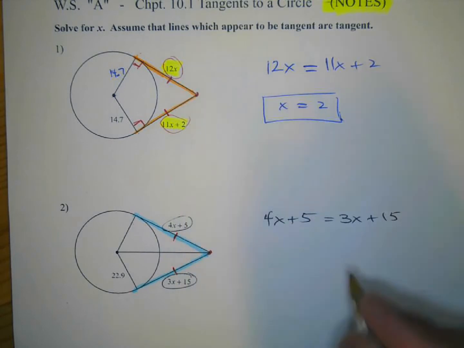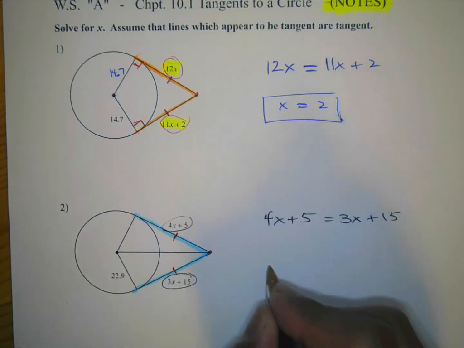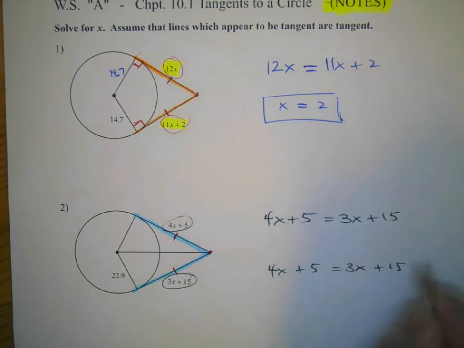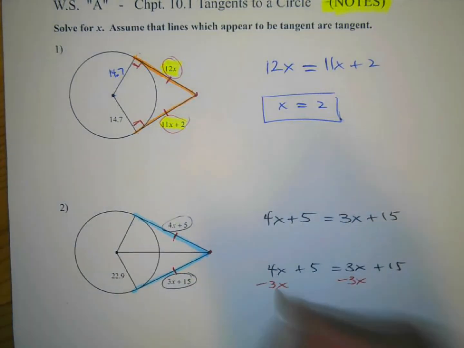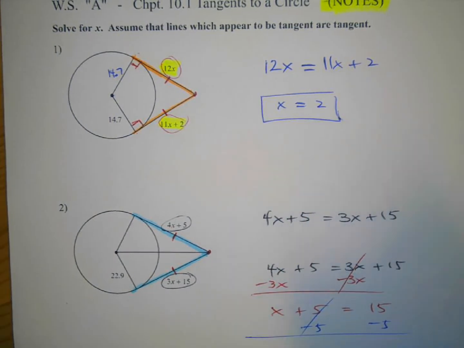So that's going to be 4x plus 5 equals 3x plus 15, minus 3x, minus 3x. That's going to be x plus 5 equals 15. Then minus 5, minus 5. That's going to be x equals 10.